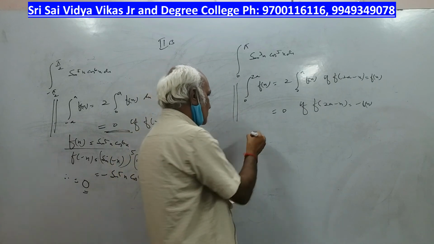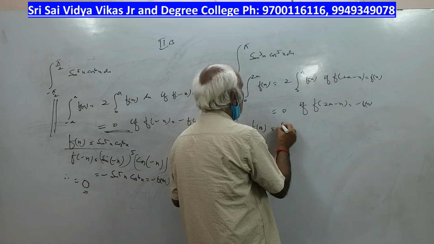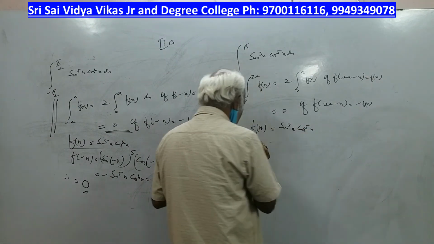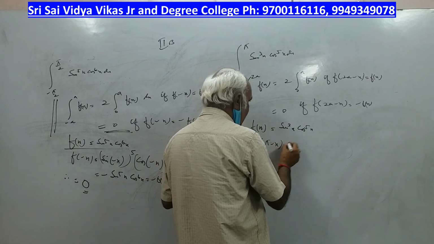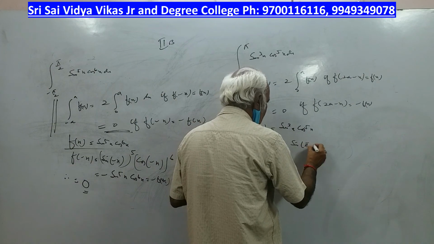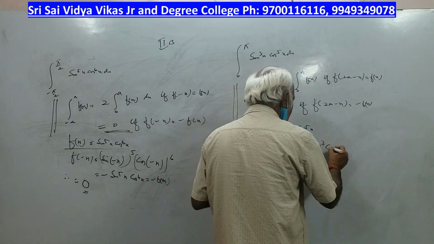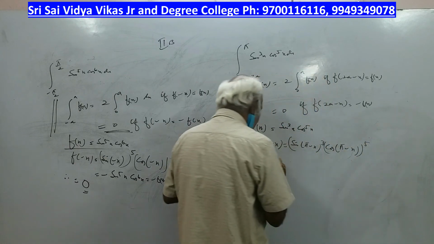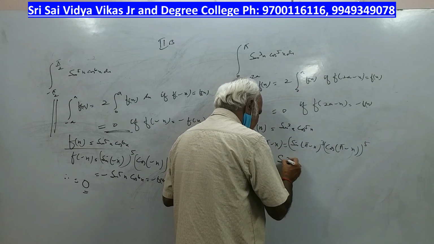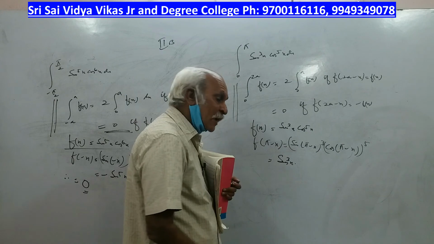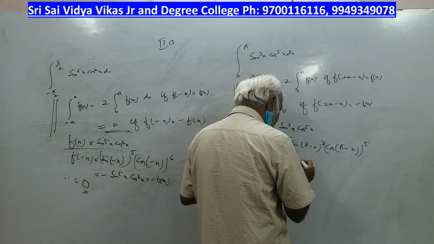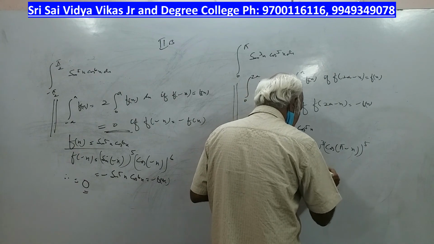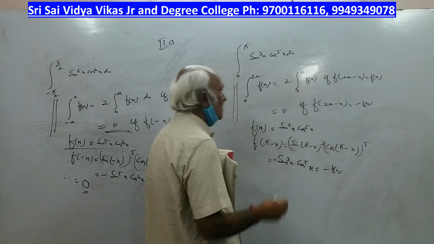So, what will happen? f of x is equal to, 5x. So, f of pi minus x, cos whole raised to 5, sin 180 minus theta is sin theta and cos 180 minus theta is minus cos theta, but power 5 is there, yes, which is minus f of x.